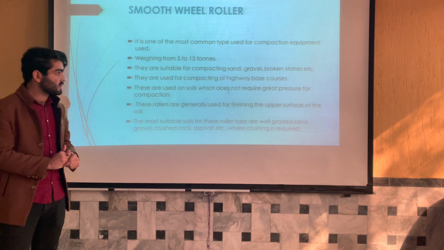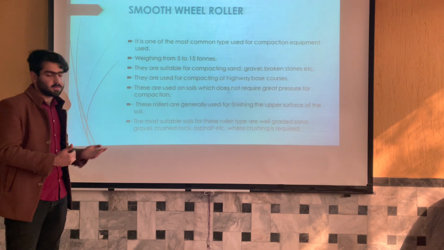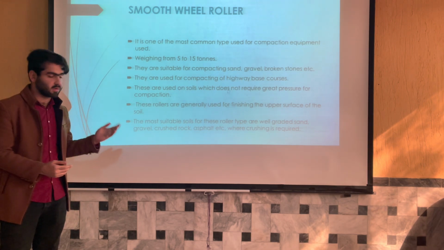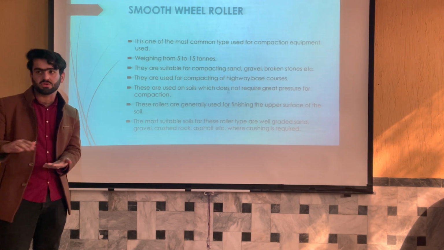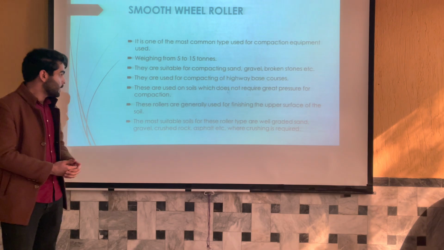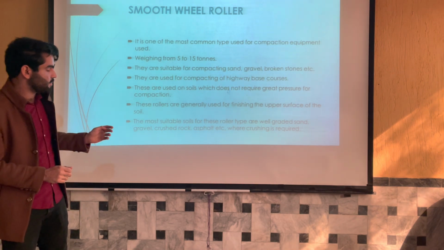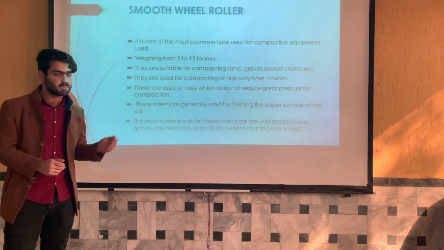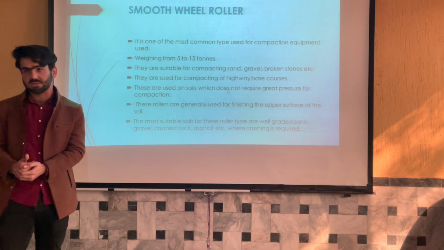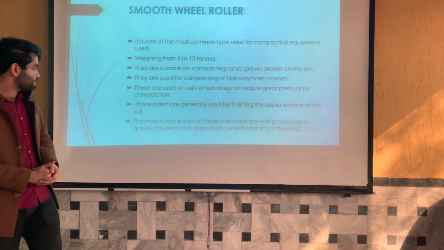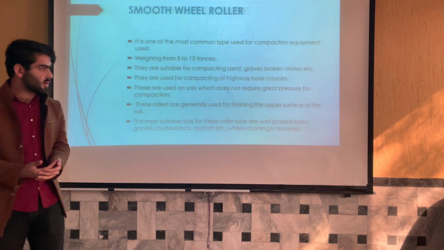They are used for compacting highway base courses. In highway base course, it is the main element we want to use when we give a course layer to the roads. They are used on soil which does not require great pressure for compaction. We also have other types of rollers, which will be discussed by my friends, that apply great pressure.